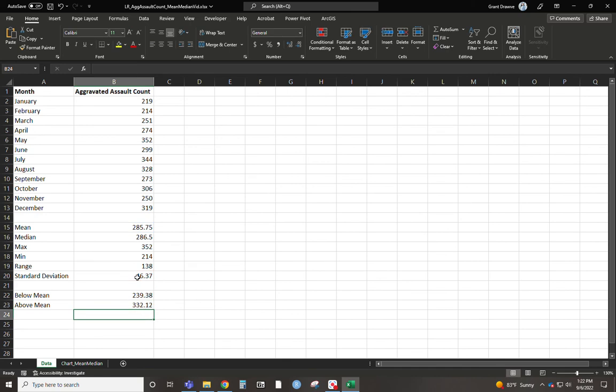If you think about our distribution, if we go below and above the mean by one standard deviation unit, so that's our value here of 46, we know about 68% of our sample is going to fall within that range. So we would know 68% of our months would have a count between about 239 and 332 agasalts in a month. That's where it becomes a bit more interpretable, how the values are related to one another and how much they deviate from the mean value itself, the typical case.